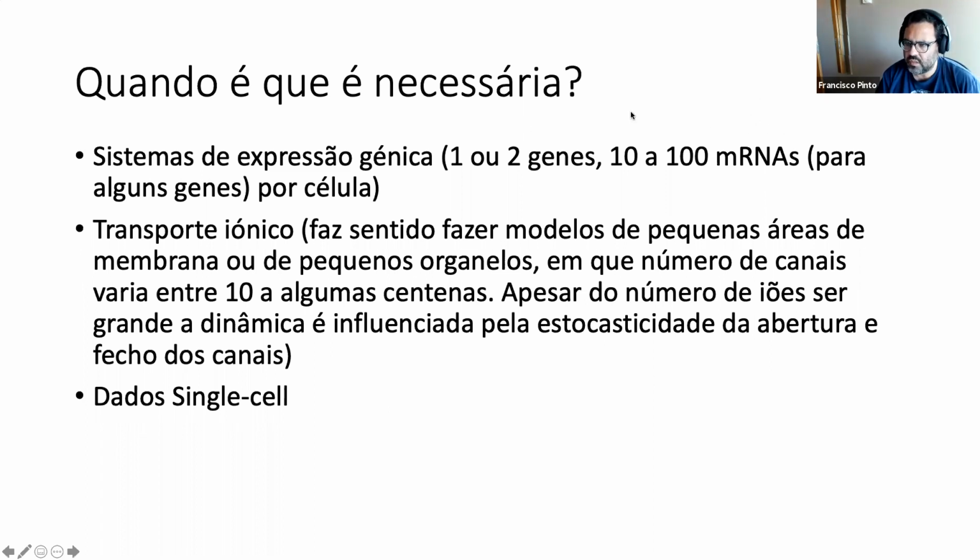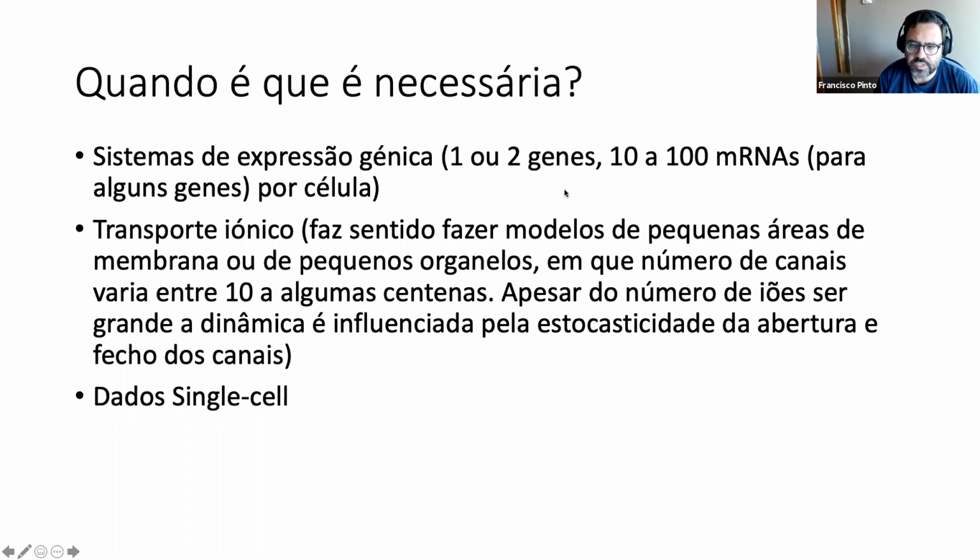So if it is a few hundred copies of either the mRNA or of the protein, then stochasticity has a role there. But if the copy number of the protein is in the order of thousands, then the expression of those proteins is well approximated by continuous systems of differential equations.